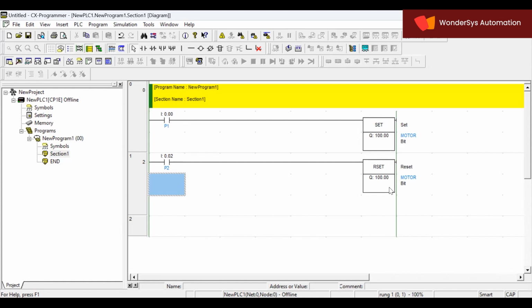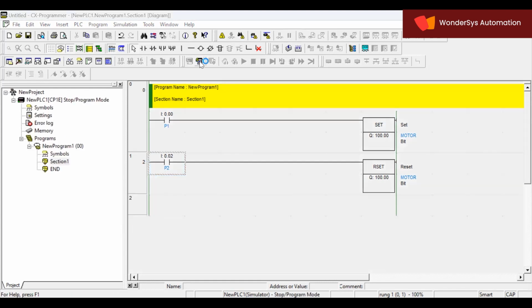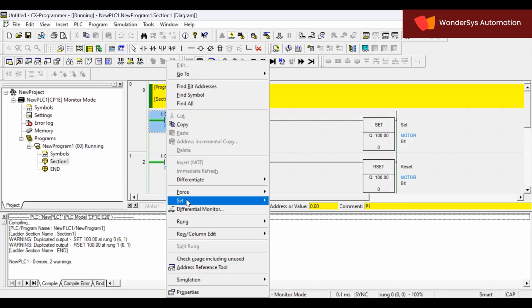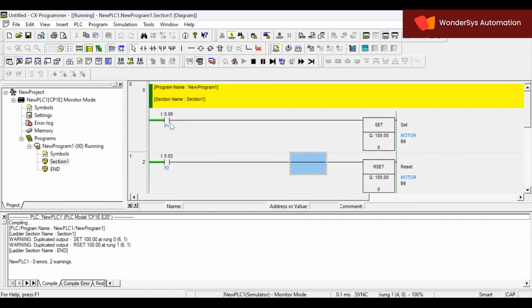So we'll simulate it. Initially I have made both the switches zero, and the output will be in the previous state.